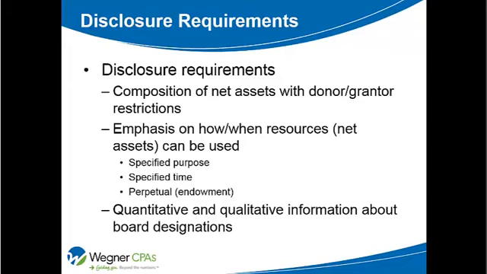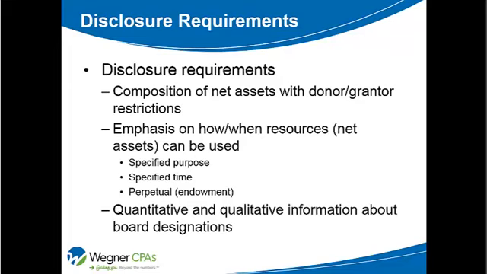So even though it doesn't have to be in a separate category or classification anymore, you still are going to need to know the details of the different restrictions so that you can present it in the footnotes. The next item is that you will have to have both quantitative and qualitative information about any board designations.